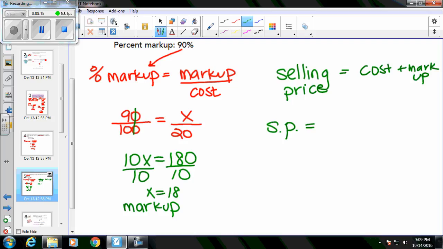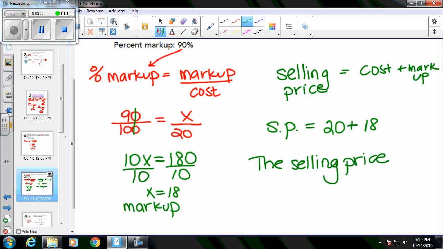My cost from the beginning was $20. And we just calculated the markup to be $18. So the selling price is $38.